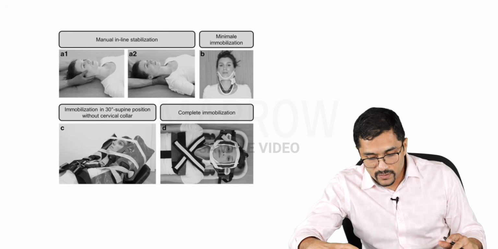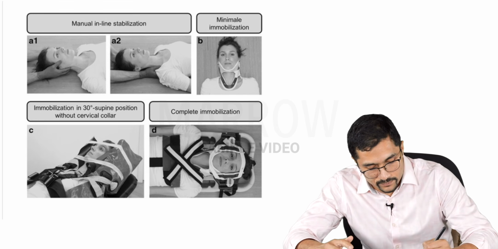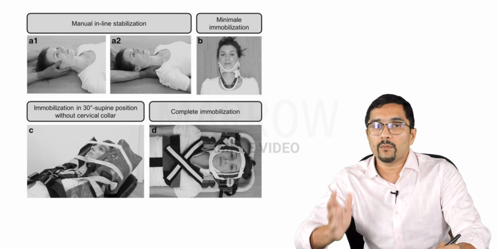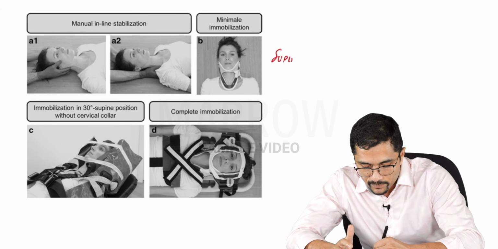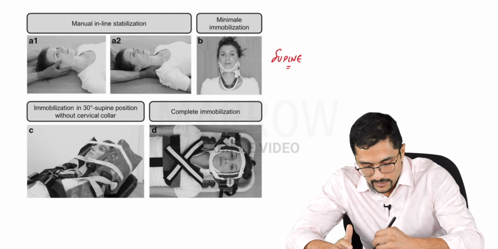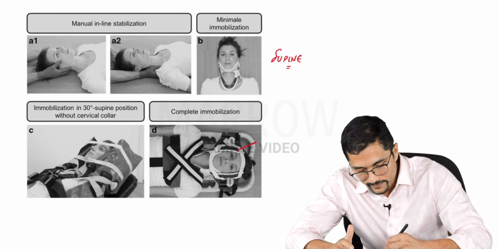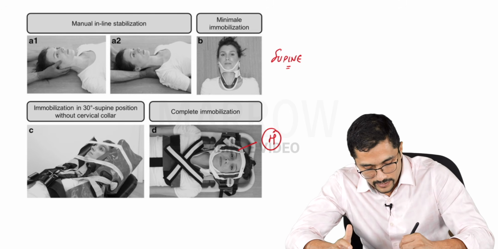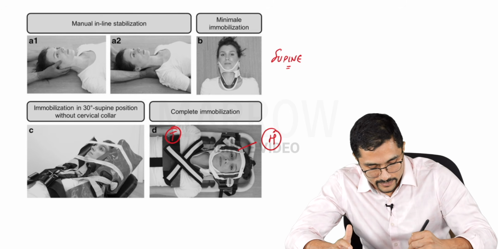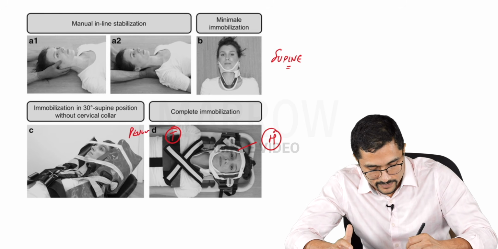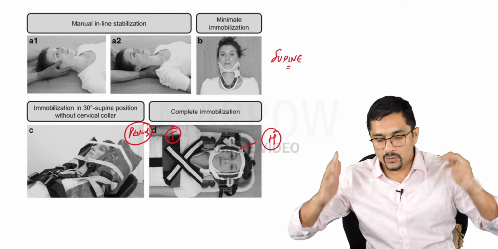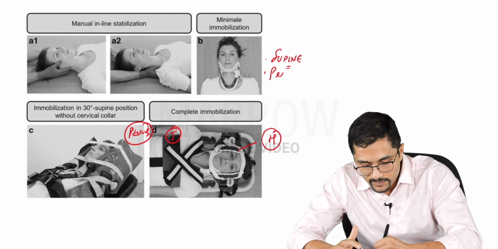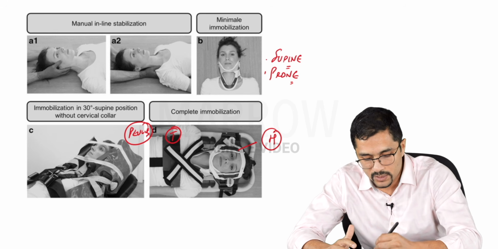Now to transfer a trauma patient, we need to immobilize the cervical spine. So either we are going to transfer the patient in a supine position, and you can see that the head, thorax and the pelvis, that is strapped. So you strap at 3 places so that there is no movement, or the patient can be transported in the prone position.